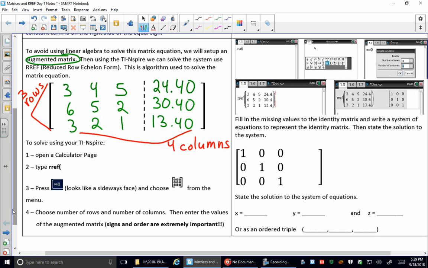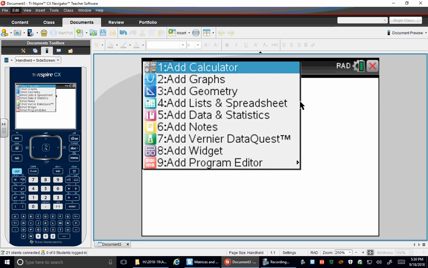Okay, so one way to do it is we can type RREF, which is the calculator's method for solving the matrices, and kind of what we started to show you with the Gaussian elimination method. So here's the first way I can do it. I can go RREF, so I type it on a calculator page.